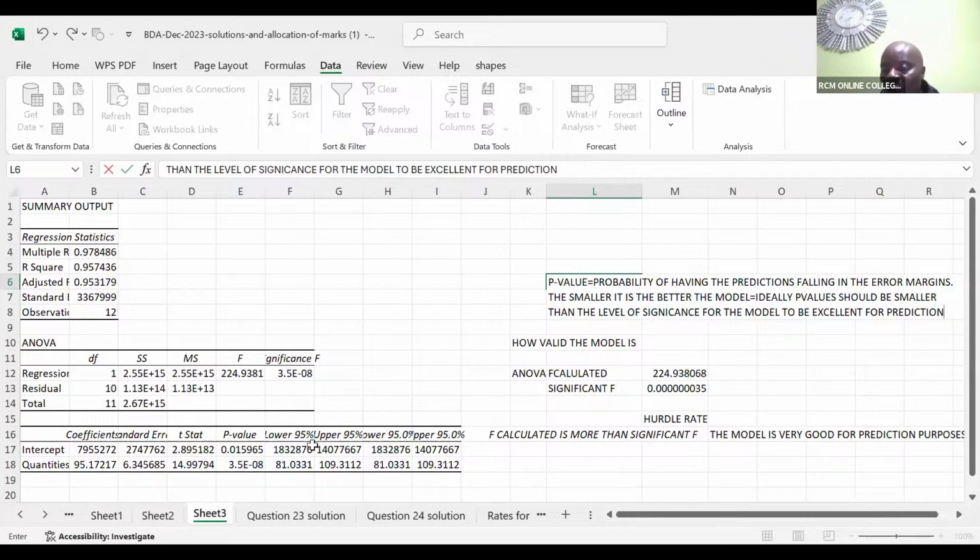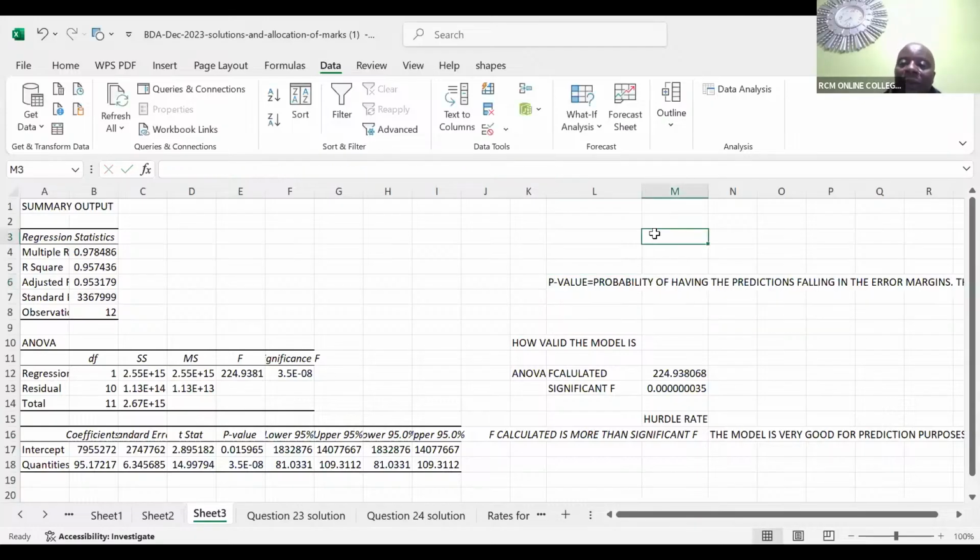Now, let me ask you, my good students, a question. In this particular question that I'm doing, what is the level of significance? Somebody try.